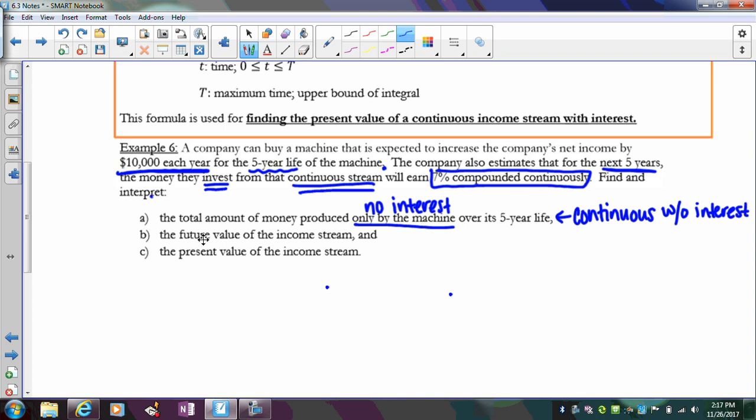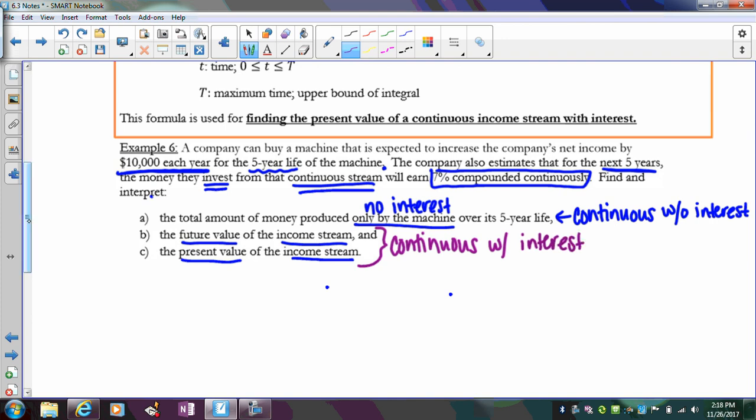And then for these other ones, they tell you right in the situation, the future value and the present value of the income stream. So that means this situation here, if they invest the money. For these other two parts, these are both continuous problems, so we're just going to use our formulas. Continuous money flow problems with interest, because we're talking about an income stream. So how much money are they going to earn if they have 7% interest? That's the second scenario.